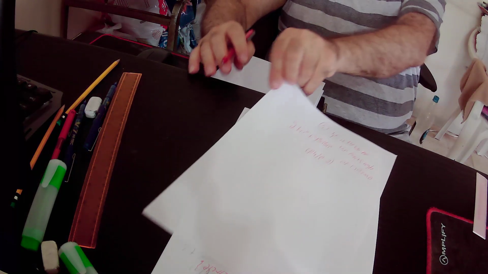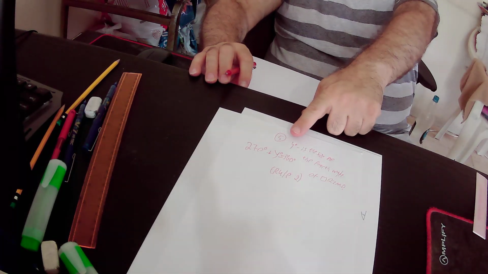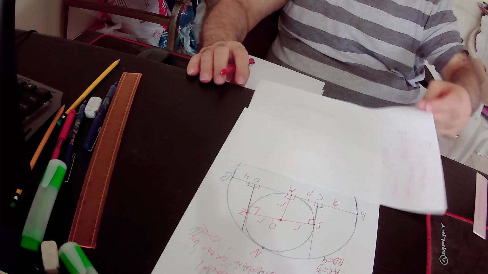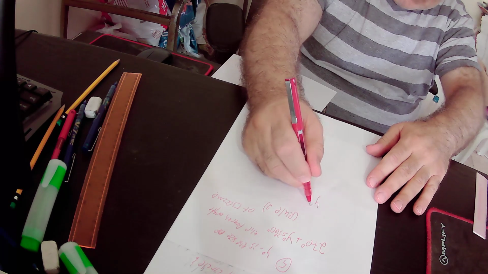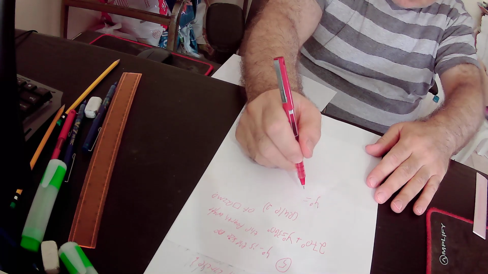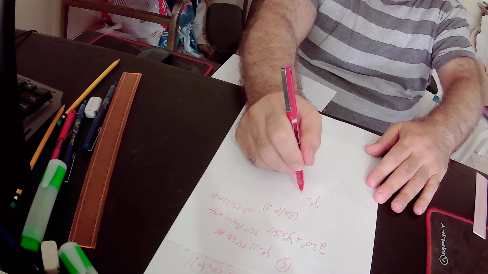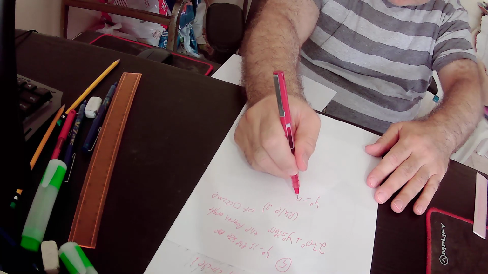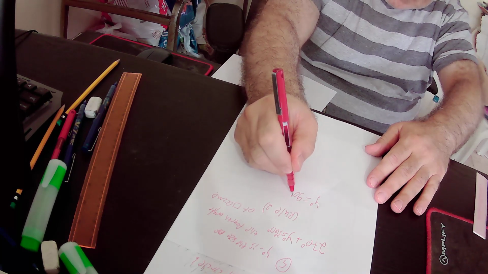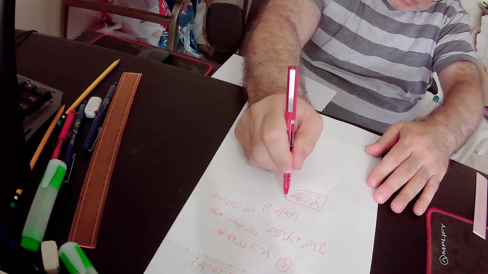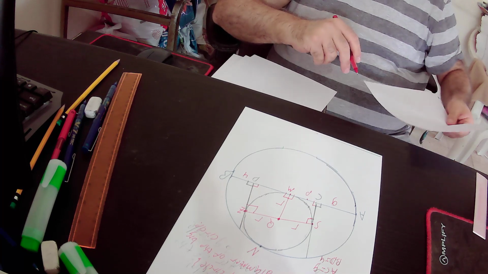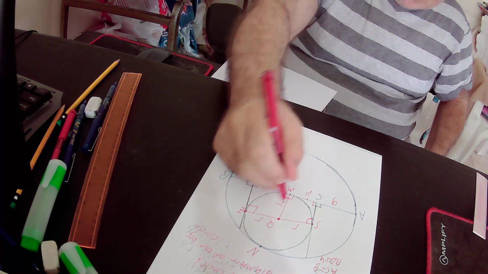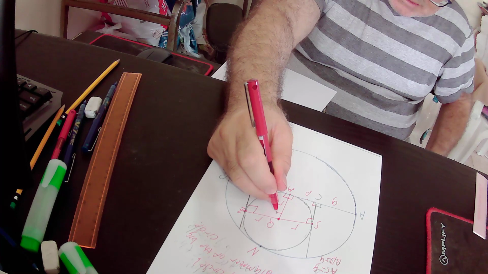Okay, so from this equality we will subtract 270 degrees and we will get that angle y equals 360 degrees minus 270 degrees, it equals 90 degrees. So the fourth angle is also a right angle, it equals 90 degrees.